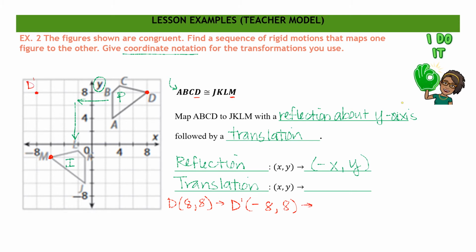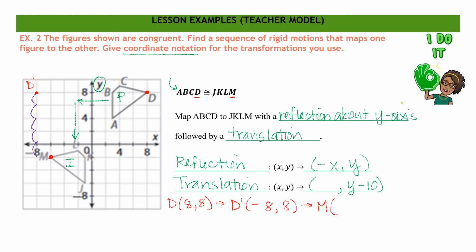Our next step is to find what that translation rule is to get to point M. If I'm trying to move from D prime to M, I can move in either direction first, either vertically or horizontally, as long as the translation rule is written appropriately. Remember, our graph is going by 2, so let's go down first. We got 2, 4, 6, 8, 10. So I'm going down 10 units, along the y-axis, so that's -10.